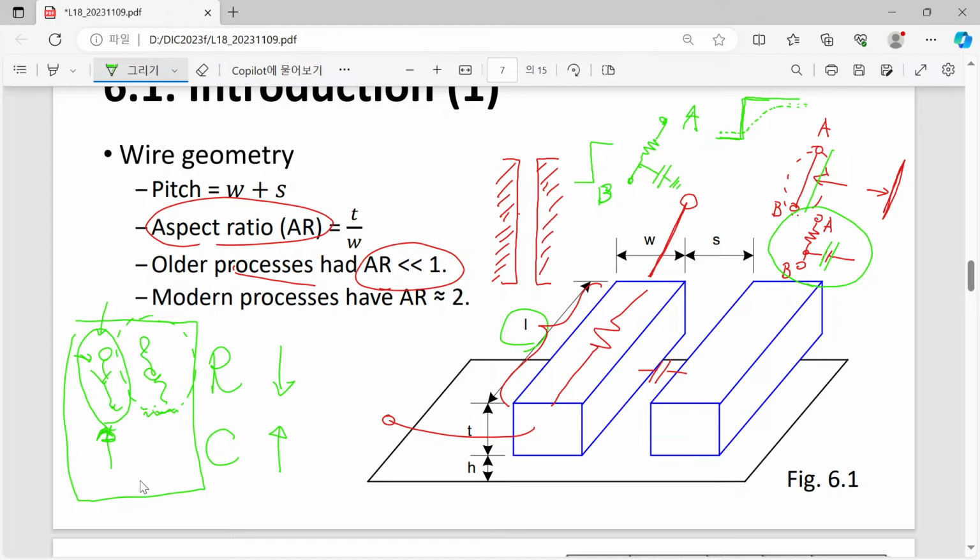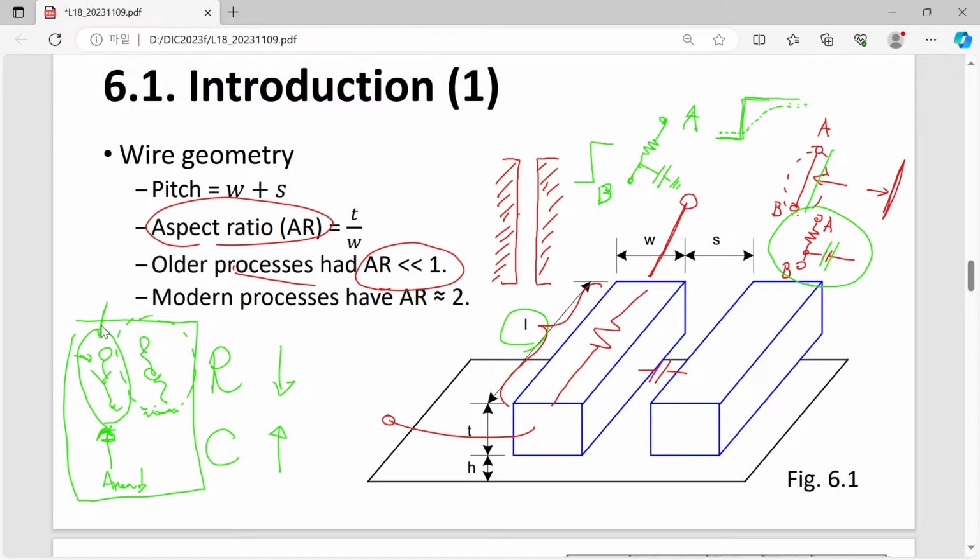Why? We wanted to reduce the size of transistors significantly, so now at the same time the size of our metal wire is also rapidly decreasing. However, although the transistor has many knobs and many innovative ways to improve its performance, how can you improve your metal wire? This is just a wire.